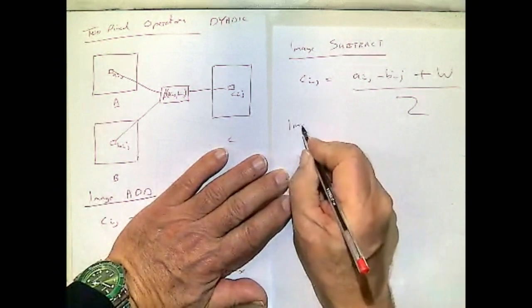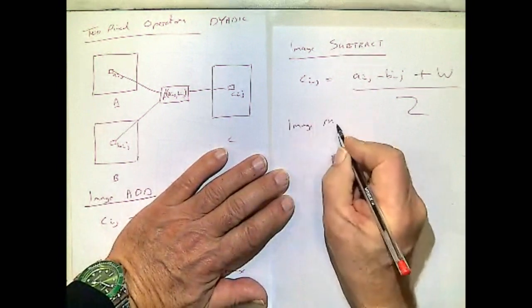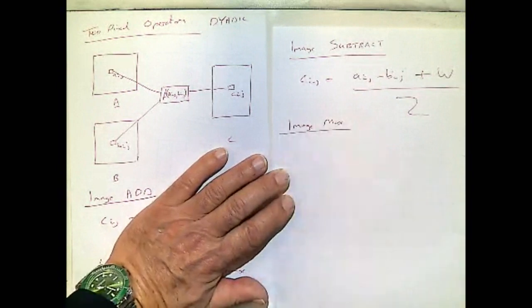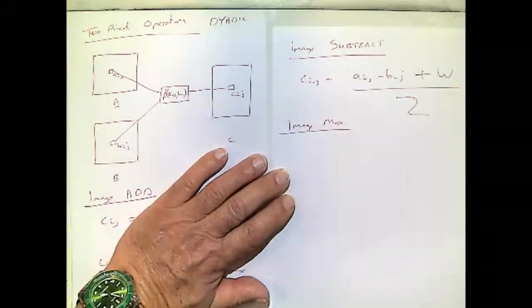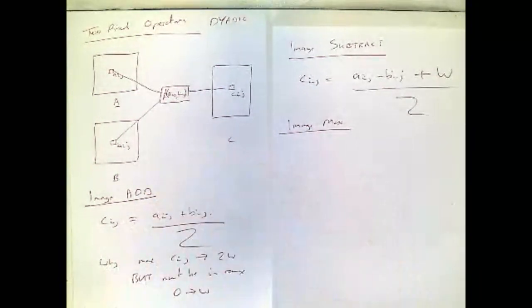Image max. Again, these are special effects, these are obvious ones. Image max, we are taking the maximum pixel from each of the images. We're sort of superimposing them in the upper end of the intensity spectrum.